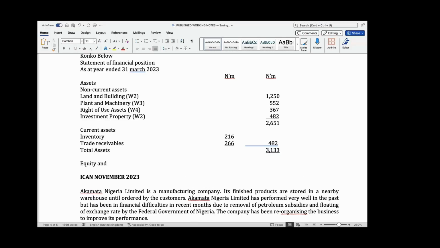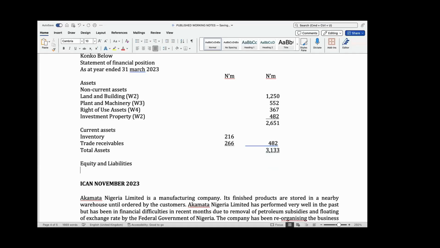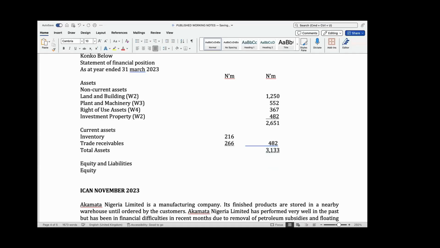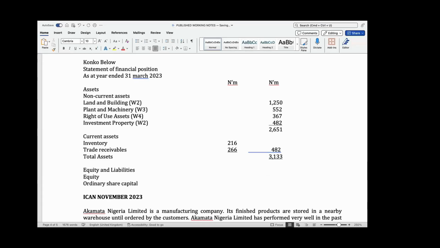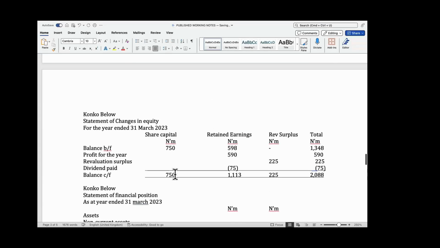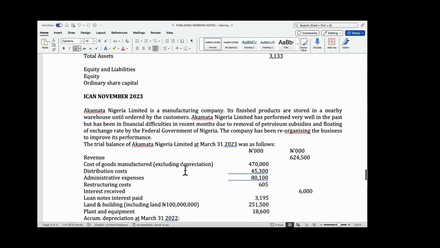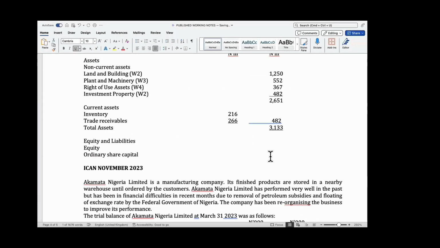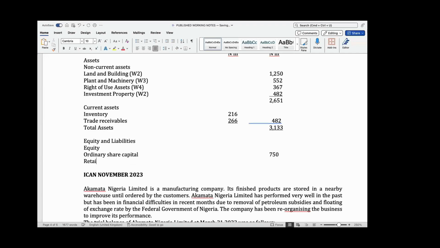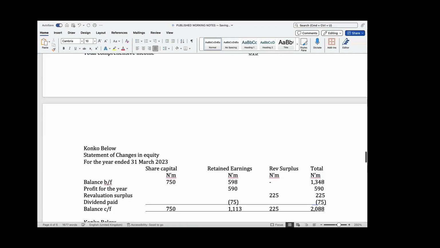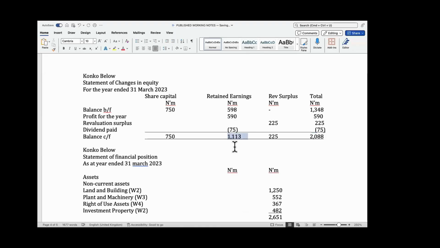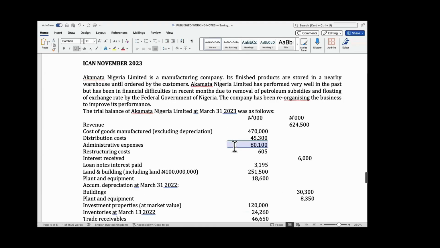Then equity and liabilities. What is my equity? Now I have my ordinary share capital, which is 750. I have my retained earnings, which is 1113.